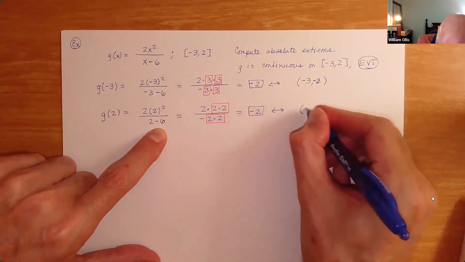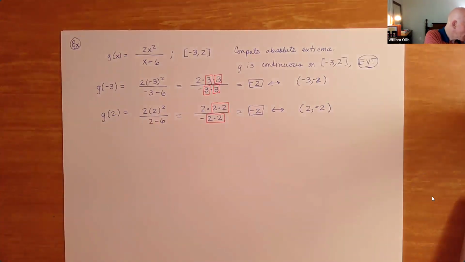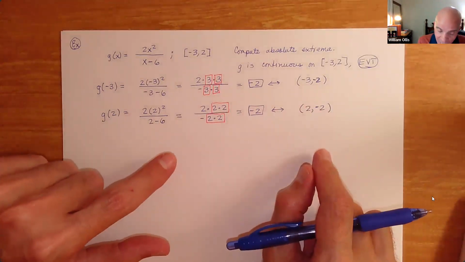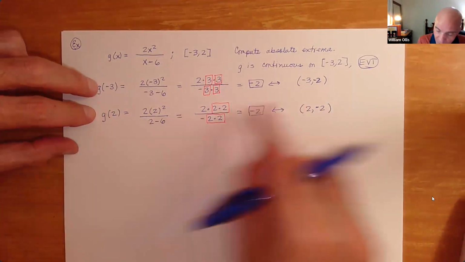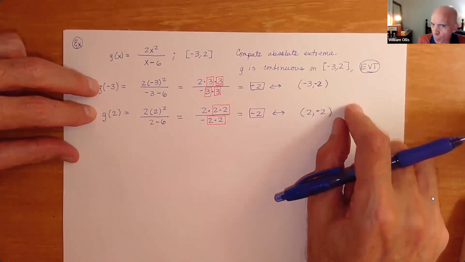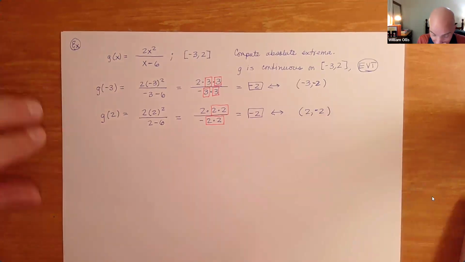So this gives us 2, -2. So what's interesting about all of these examples here, and I won't say that this is good or bad, is that if this turns out to be important to us, we're getting the same value. And then we'll think about a graph and see if this even makes sense graphically.